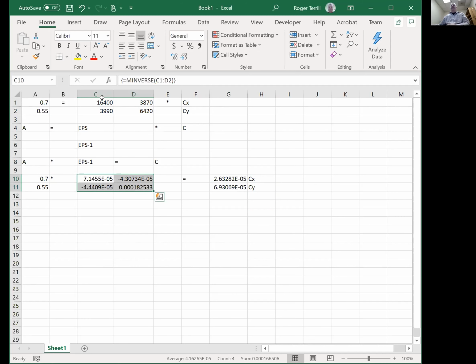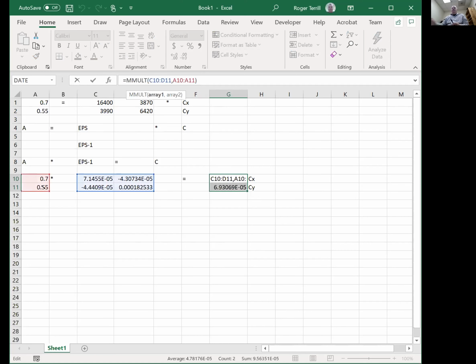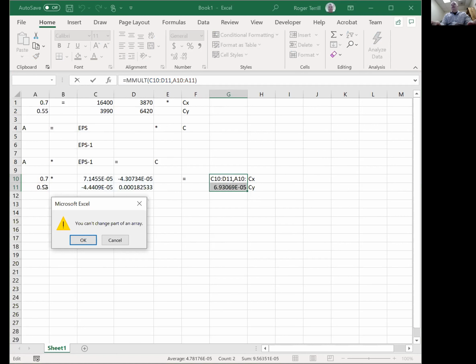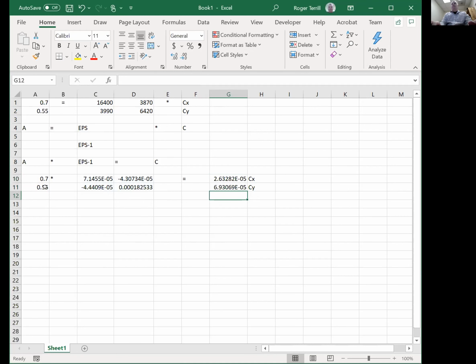This is the inverse of this matrix here, and this is the product of this matrix and this matrix. And so this comes out. Let me just check the math here. Let's try to reproduce A1, or this 0.7 value.